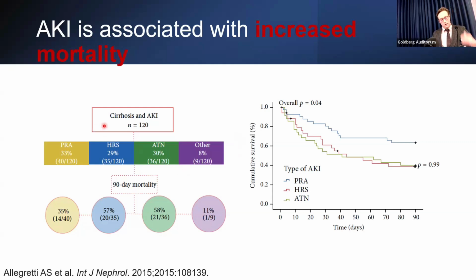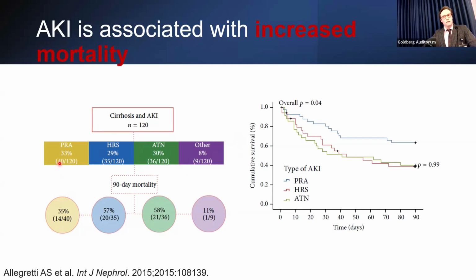And again, this study out of MGH, where I think this cohort study did a very good job of really teasing out, is this HRS, ATN, pre-renal azotemia? You can see it's about a third, and a third as far as the etiologies. And for the nephrologists in the room, I think we grumble about starting someone on dialysis based on their etiology.